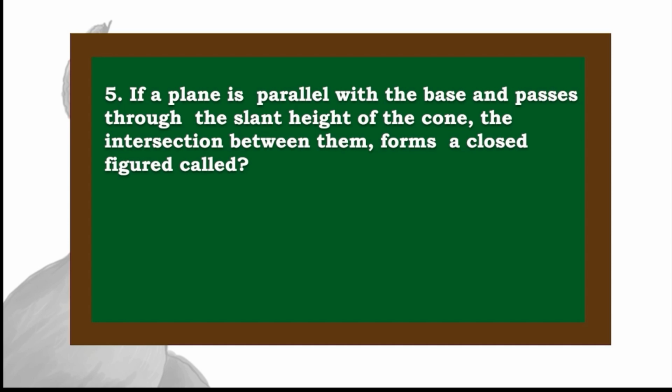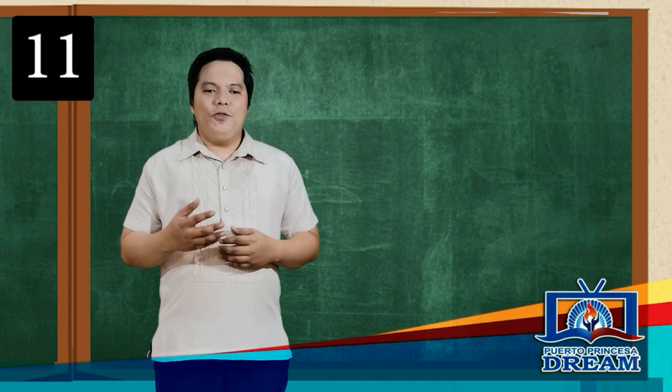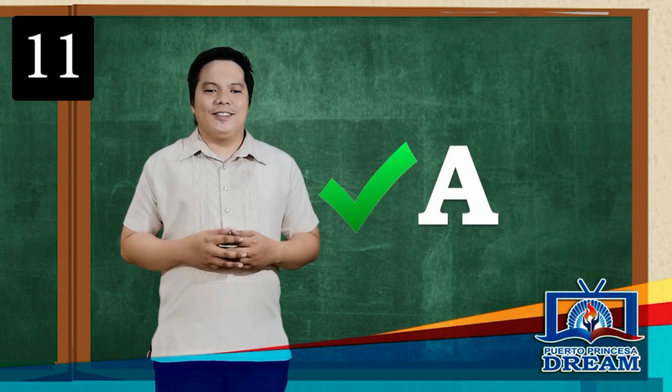If a plane is parallel with the base and passes through the slant height of the cone, the intersection between them forms a closed figure called A. Circle, B. Parabola, C. Ellipse, D. Hyperbola. If your answer is letter A, that is correct.